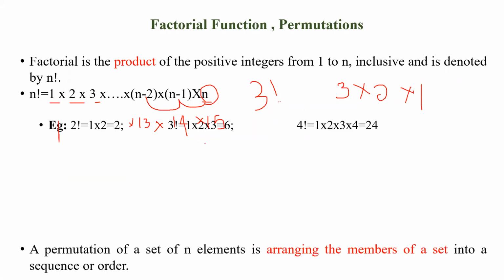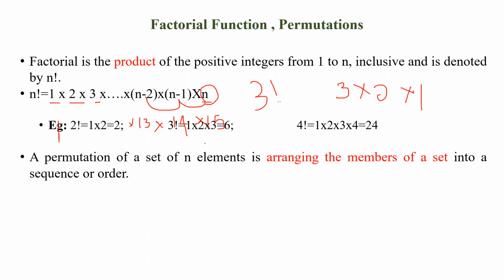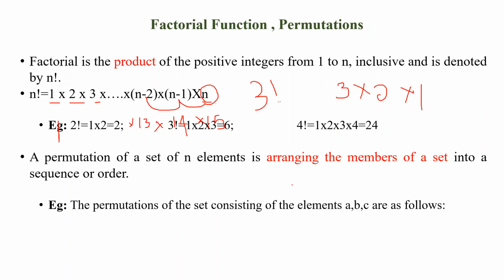Now the next term is permutation. What is permutation? Permutation of a set of n elements is arranging the members of a set into a sequence or an order. So all possible combinations of a particular set of elements is known as a permutation. Suppose I am taking three elements A, B and C. What are the possible combinations of writing A, B, C? First you will write A, B, C, then A, C, B, right?